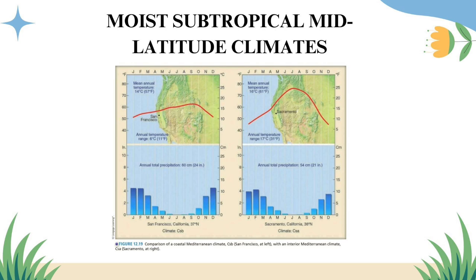As you can see in the climate graph here, it shows the data from Mediterranean and humid subtropical climates. So the Mediterranean graph on the left side shows dry summers and wet winters, while the humid subtropical on the right has rainfall more evenly distributed with warmer summer temperatures.